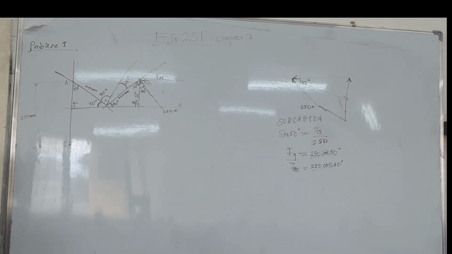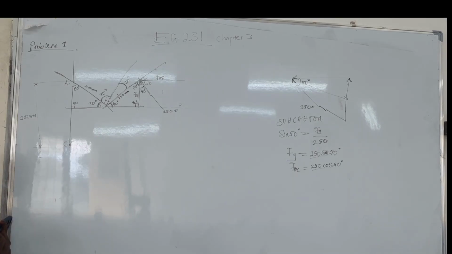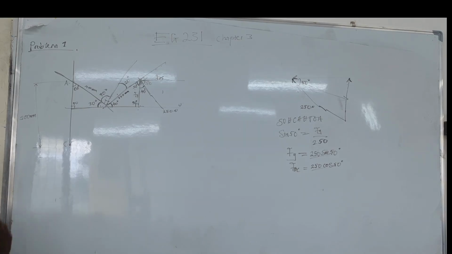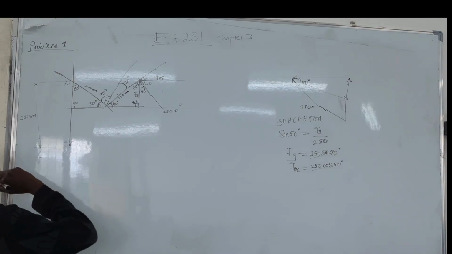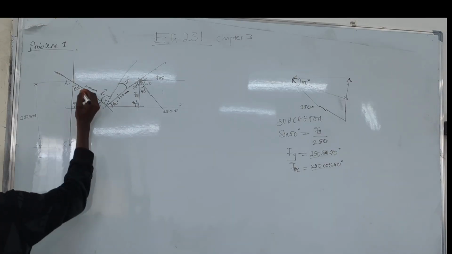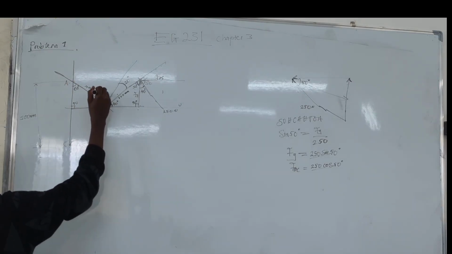So for this case, we're going to find the missing sides, the missing distances in short, okay? So here, the hypotenuse, we have a 400 millimeter, okay?